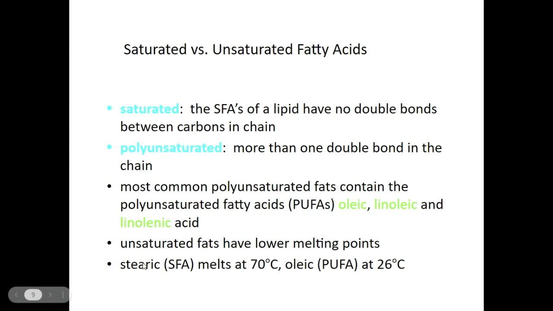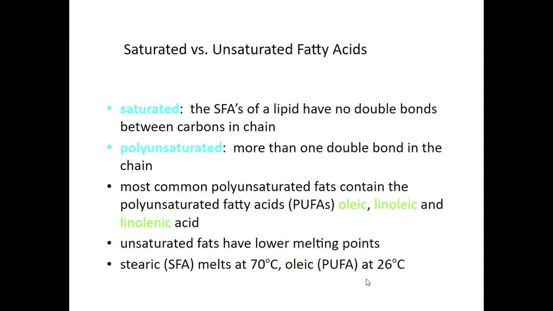Unsaturated fats have lower melting points. Stearic acid, which is a saturated fat, melts at 70 degrees Celsius, while oleic acid melts at 26 degrees Celsius. Oleic acid is actually a MUFA, or monounsaturated fat.